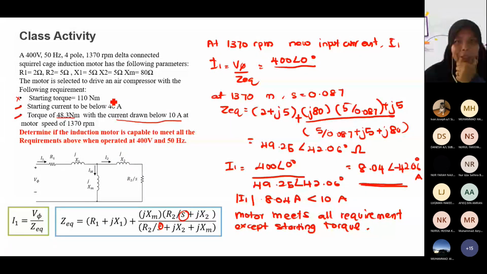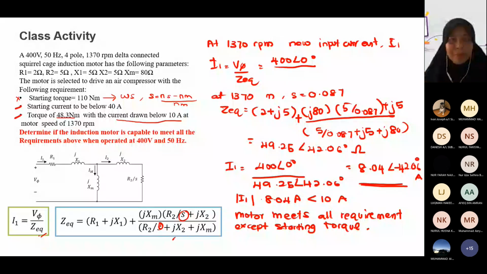And you learn how to calculate the slip by using this formula, and how to calculate the current by using formula V phase over Z equivalent, and how to use the formula for Z equivalent. Okay, boleh sampai sini? Boleh. Right, bagus. So next.